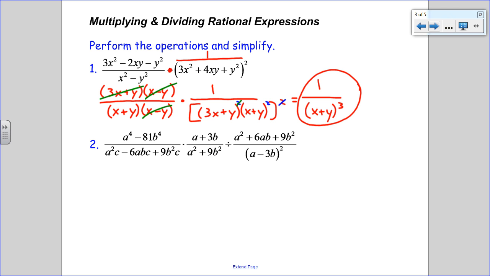Let's look at example number 2. We have 3 rational expressions here. Both multiplication and division are involved. Let's write each fraction in factored form. The numerator of the first rational expression has a difference of 2 squares pattern.